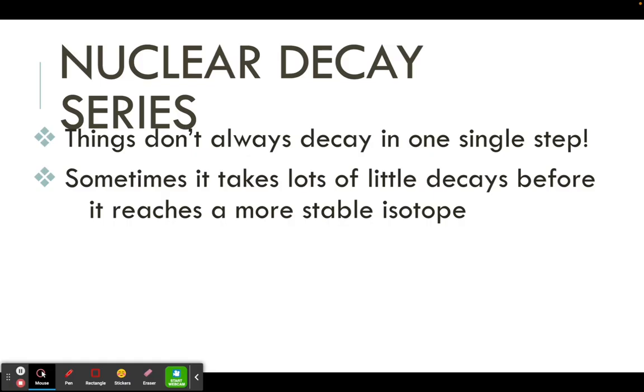Whatever the case may be, your nucleus is unstable, and so it will undergo decay in order to result in more stable isotopes.